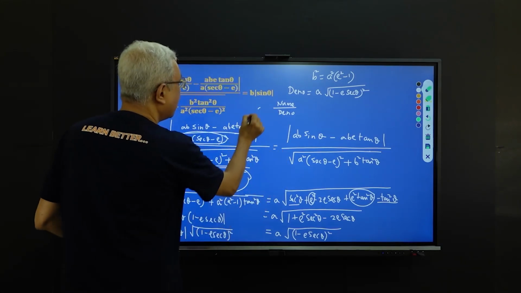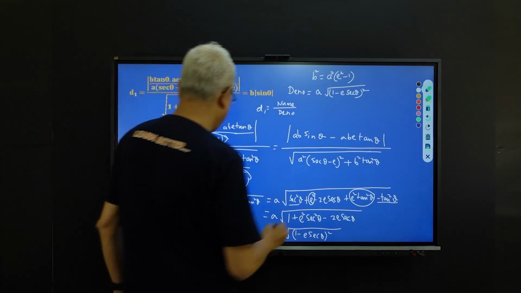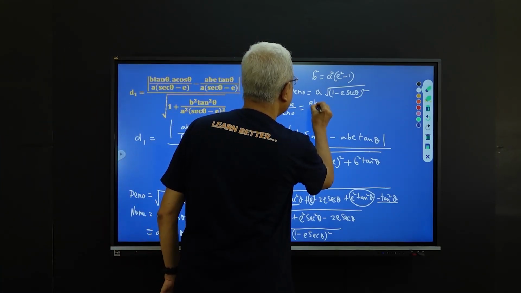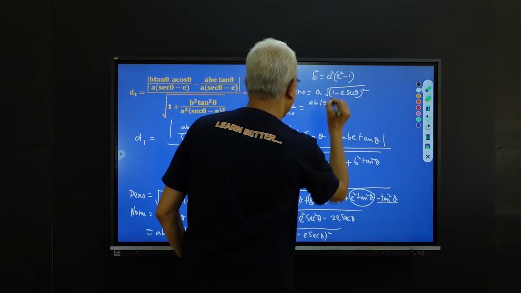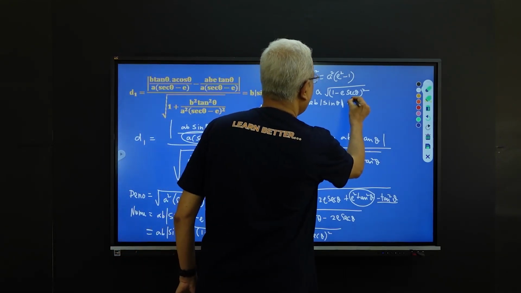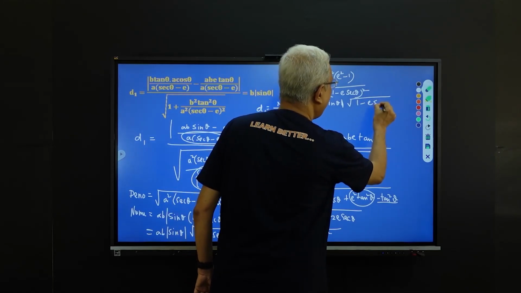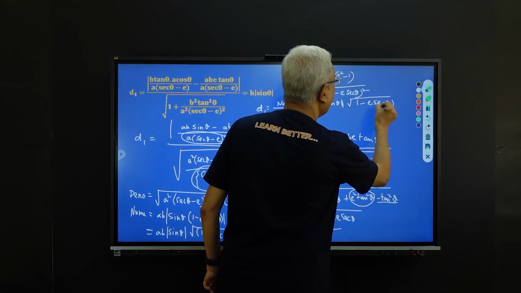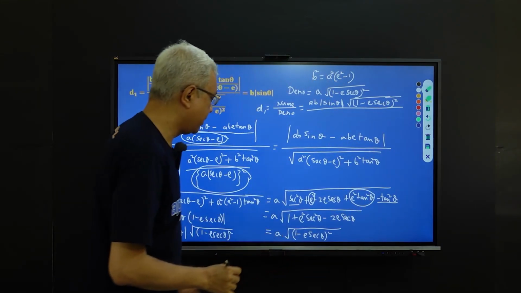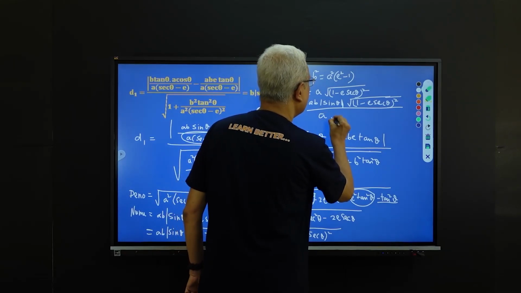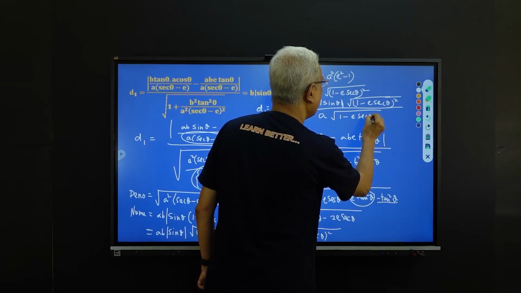Okay, so numerator by denominator, which is nothing but d1, is therefore ab mod sin theta into the square root of 1 minus e sec theta whole square, divided by a root over 1 minus e sec theta whole square.